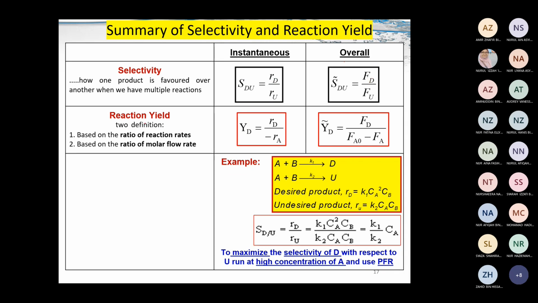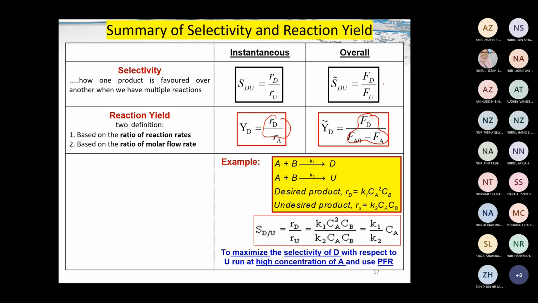Okay, and then for the reaction yield pula, there are two definitions, whether it can be based on rate of reaction ataupun ratio of the molar flow rate. So this one is the flow rate of desired, and this one is the one that is being consumed.